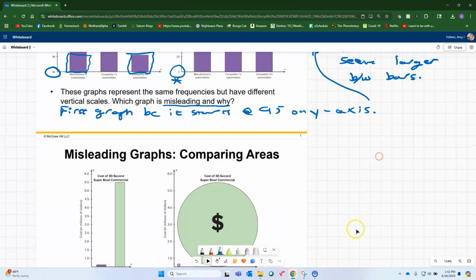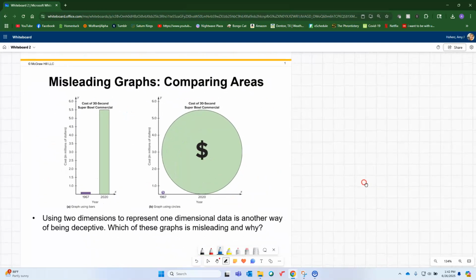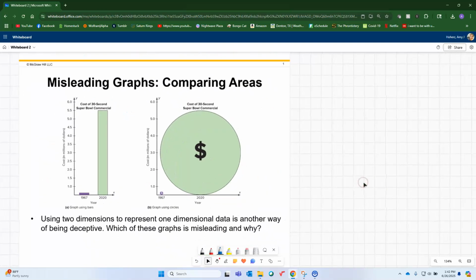All right. And then the next thing we're going to look at is comparing areas. If you look at these two graphs, you'll notice that in 1967, it shows that we had pretty low cost for Super Bowl commercials, far less than $1 million, maybe $0.2 million or something like that. And then by 2020, that 30-second commercial was $5.5 million.